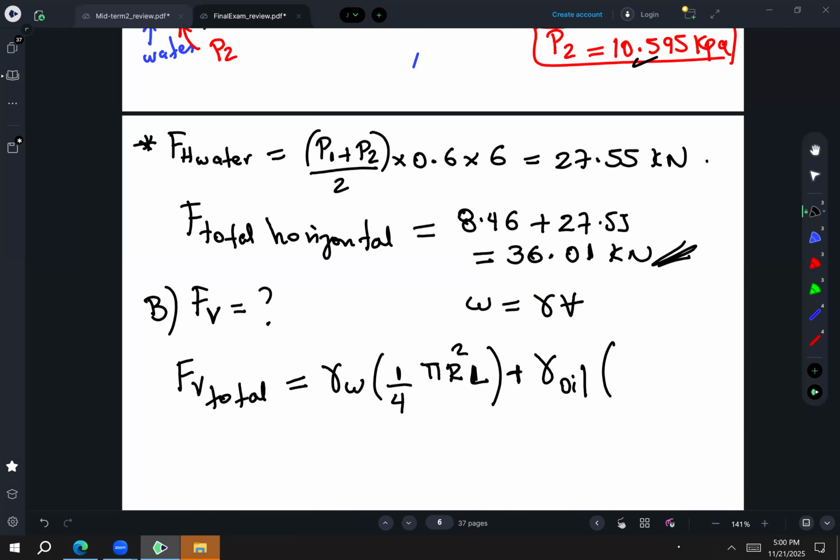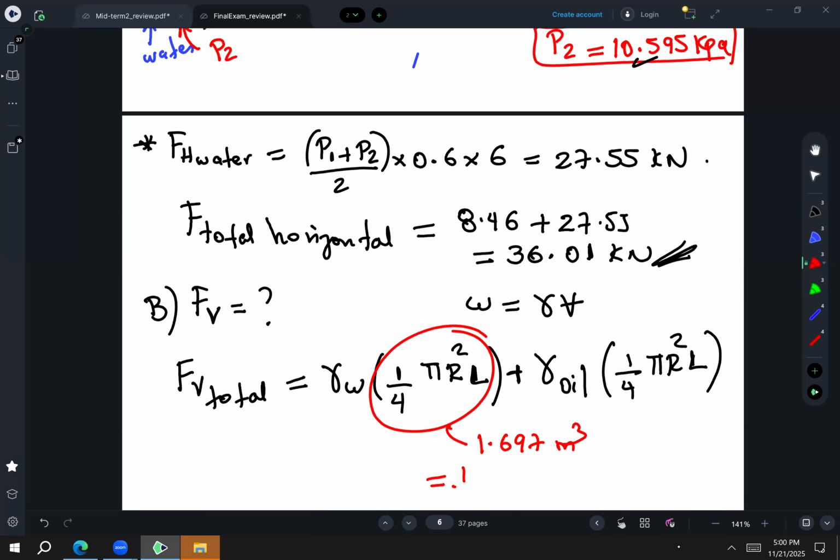The same volume, one quarter pi radius squared times L. So this volume is equal to 1.697 cubic meters. And this is because we have a one quarter times pi, radius is 0.6 squared, and times the length. So all of this gives me that.